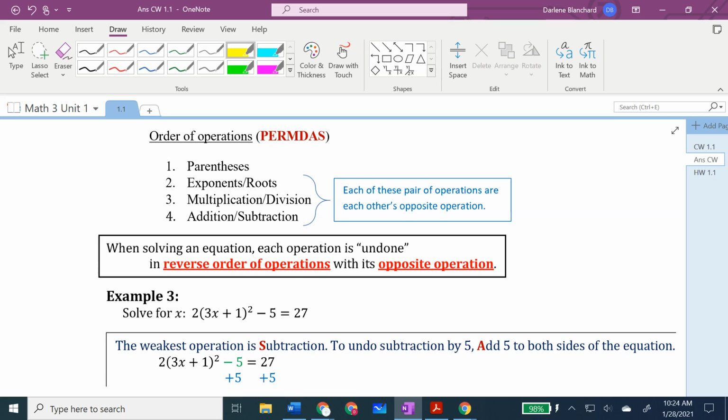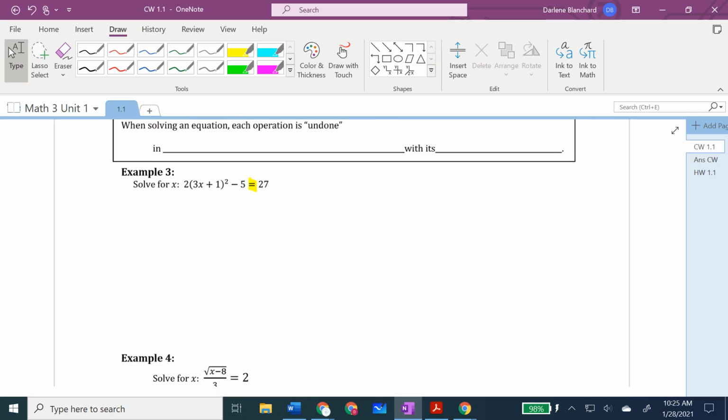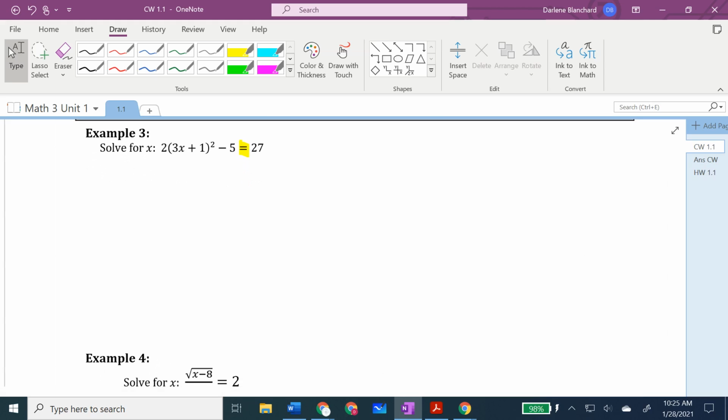And you've been doing that for a long time. You may not have thought about the fact that this is what you are doing. And we're going to keep talking about this and making more and more sense of it. That's what this whole unit is really more focused on.